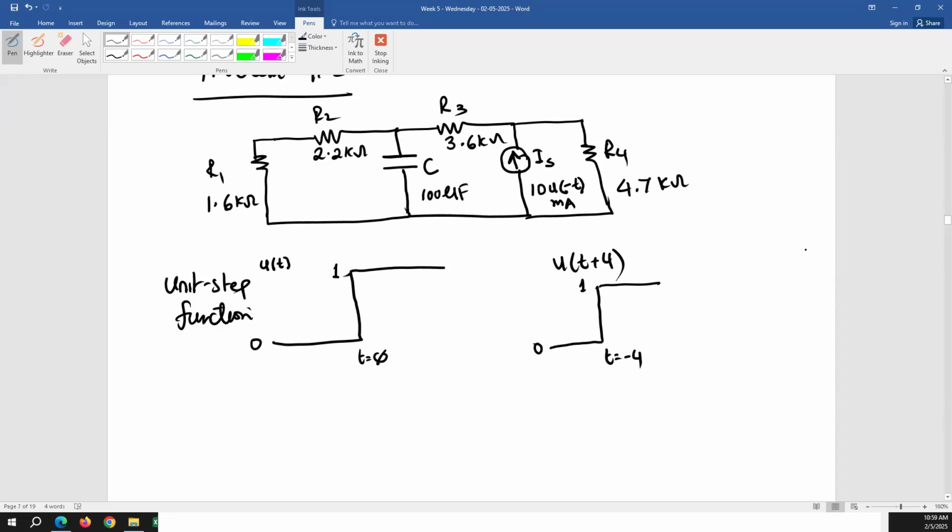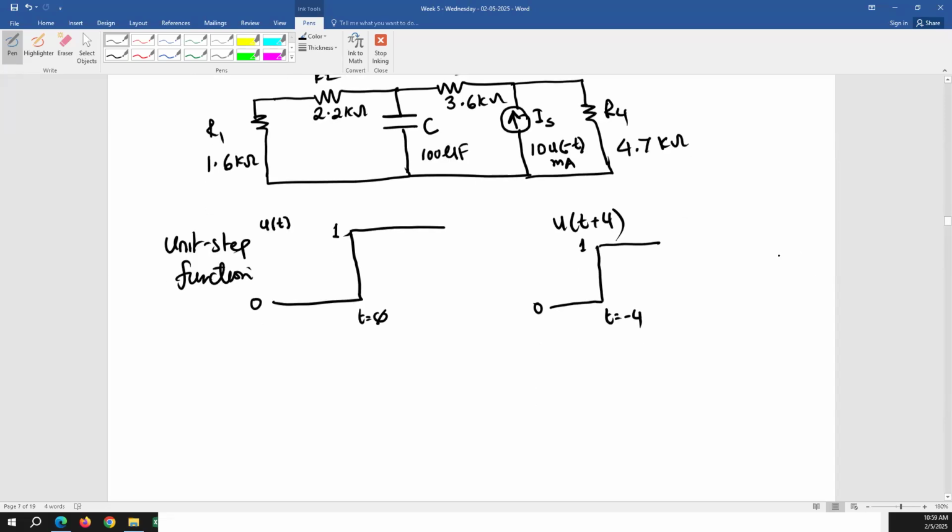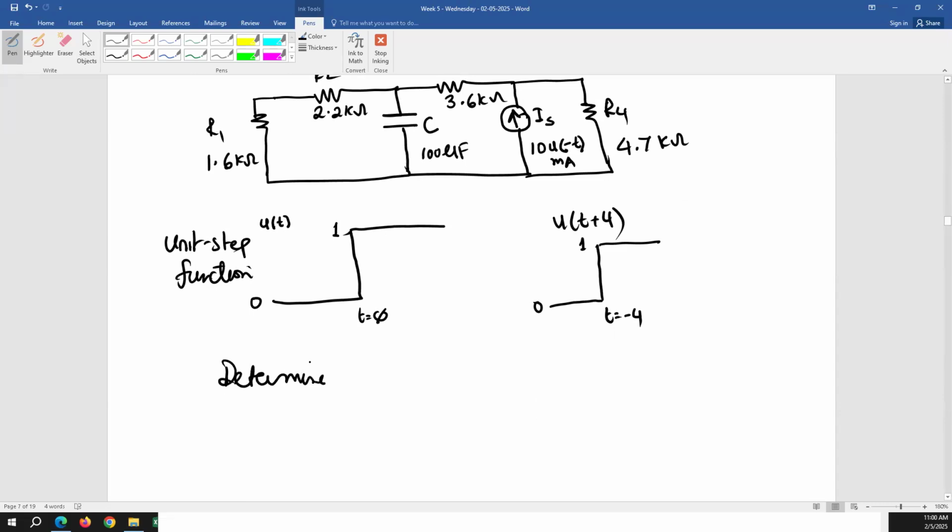So now this is on for all the negative values of t and off for all the positive values of t. Okay, so what do we have to find out? Let's say, determine first, vC(t) for t greater than or equal to 0.